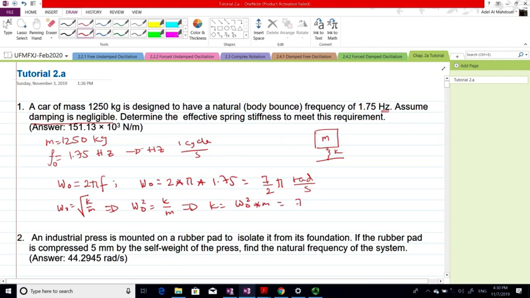It's given, it's calculated. So omega naught squared multiplied by 1,250 kilograms. Can you try calculating that and let me know how much you are going to get?